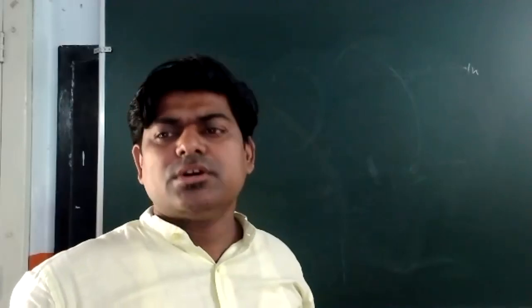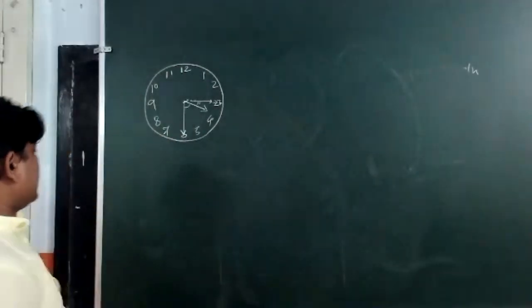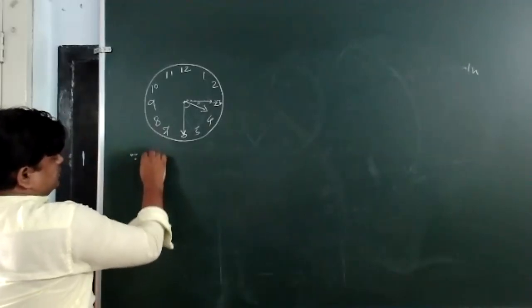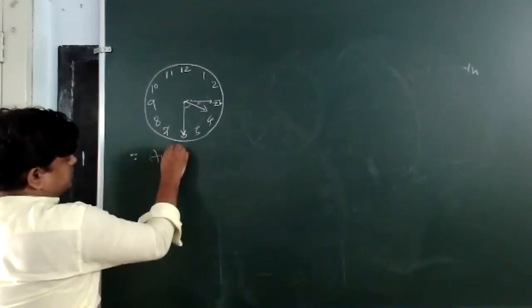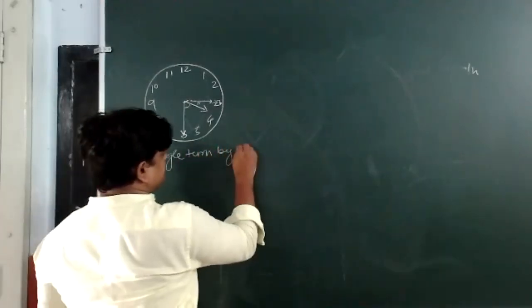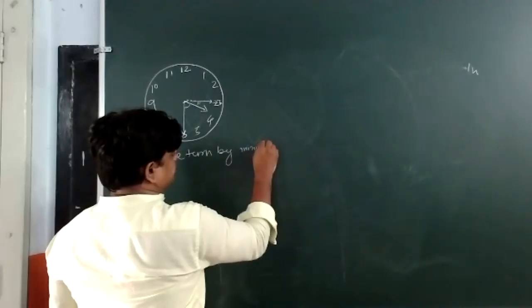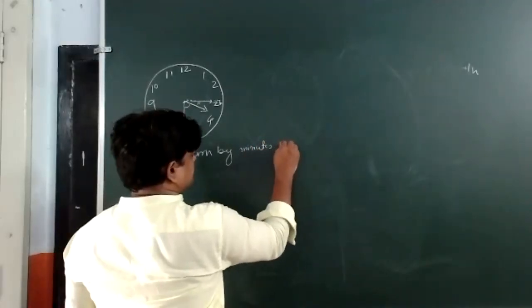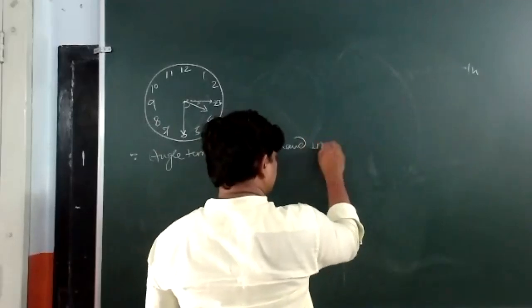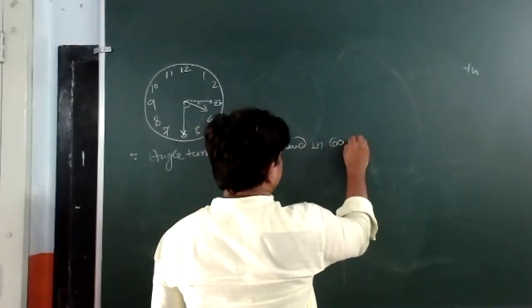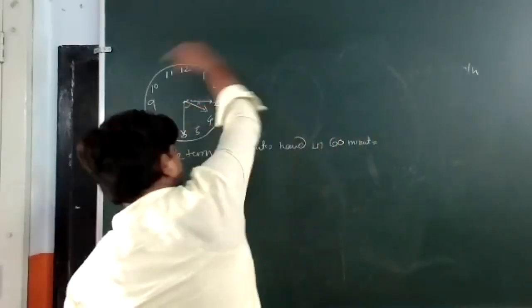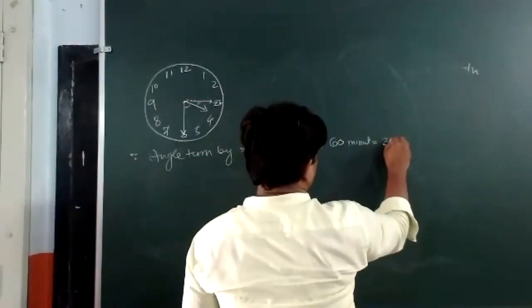So how should I write here? I write it 6. Angle turned by the minutes hand if 60 minutes is equal to how much? 360 degree.